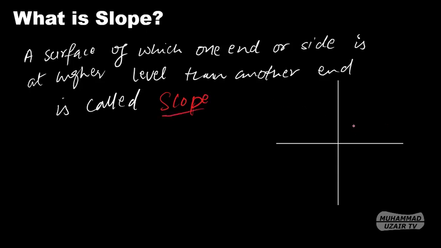Let's suppose graphically we can write as this. So let's suppose this is surface. So this side is at higher level and this side is at lower level.